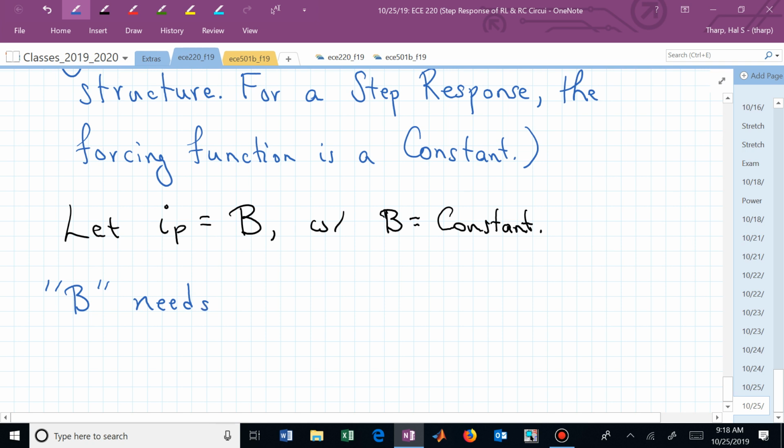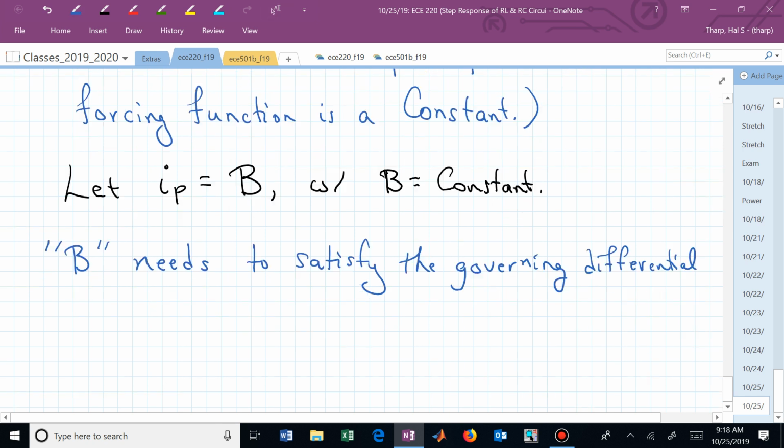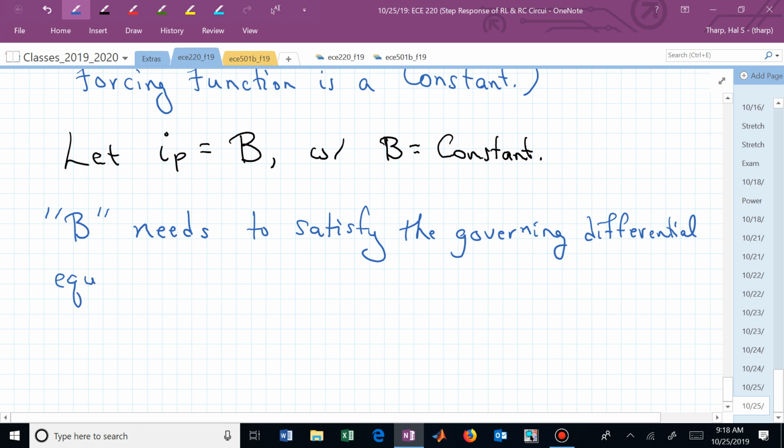So B needs to satisfy the governing differential equation. And in step 2, we're back where we originally started, with the source being present. So B needs to satisfy the governing differential equation with the source present.